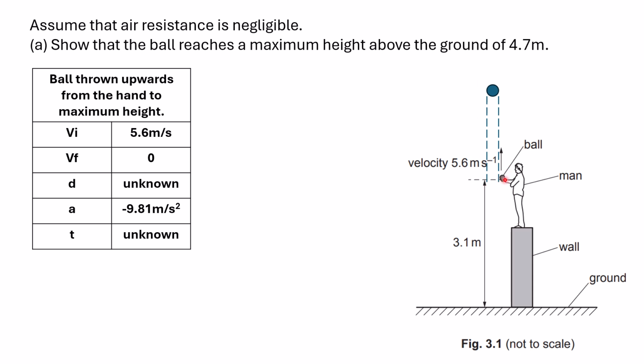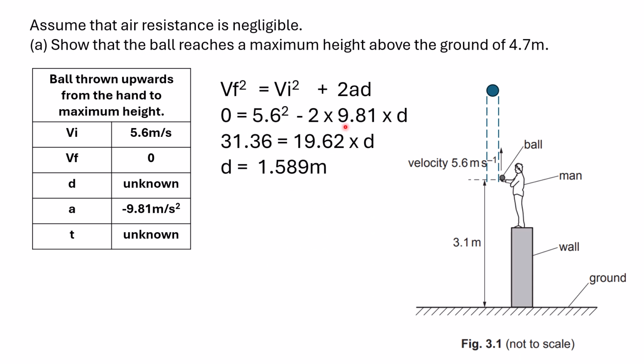So let's consider the ball is thrown upward from the hand of this man to a maximum height. So the initial velocity is 5.6, the final is 0. This height, or distance, is unknown. The acceleration is negative, and the time we also don't know.